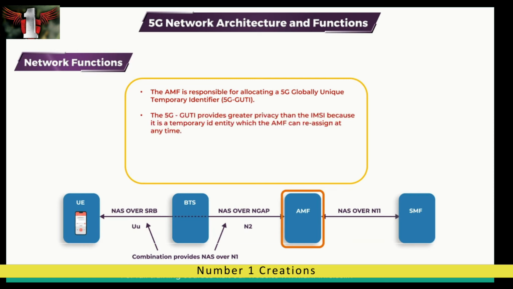The 5G GUTI provides greater privacy than the IMSI because it is a temporary identity which the AMF can reassign at any time. 3GPP has specified mapping rules between the 5G GUTI and the 4G GUTI. This includes a mapping between the AMF identity and the MME identity. The 5G TMSI is mapped onto the 4G M-TMSI.